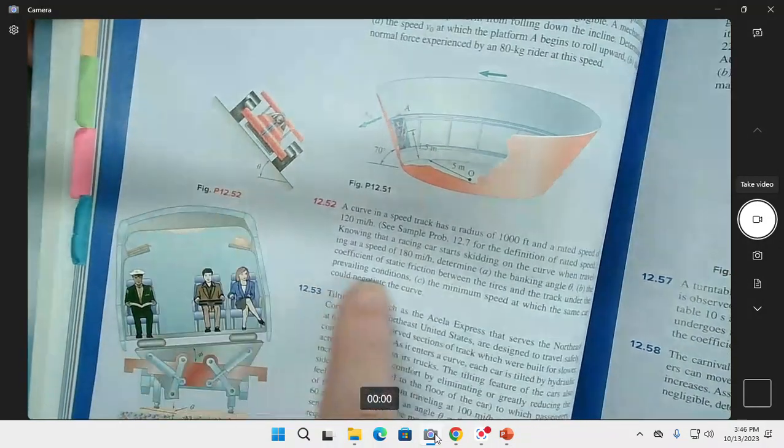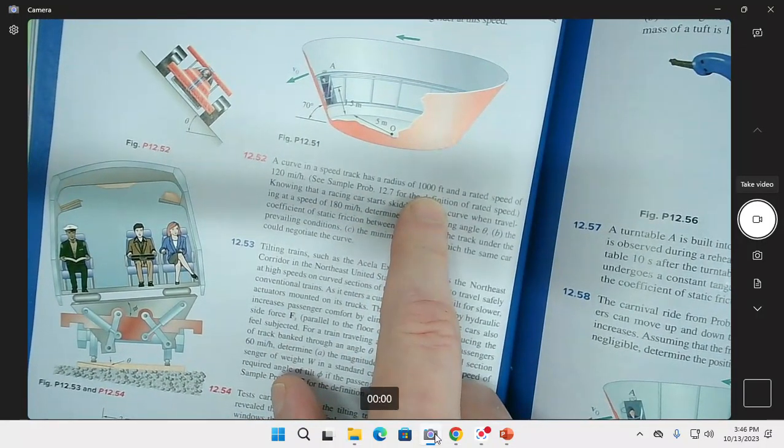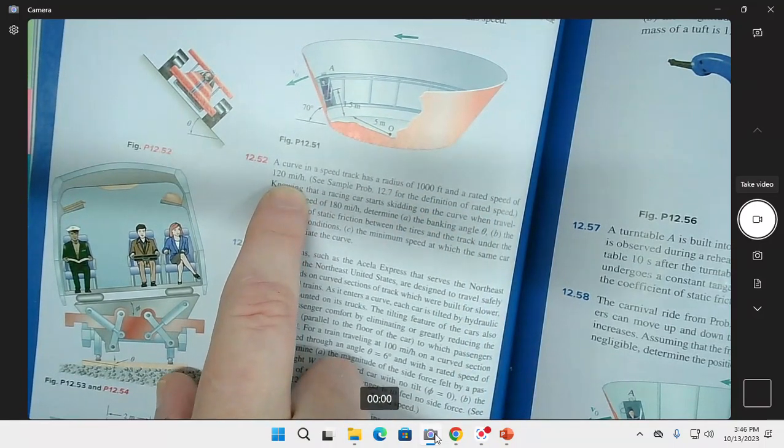Right here we have a car going around a curve, it's got a 1,000-foot radius, and it's rated at a speed of 120 miles per hour.